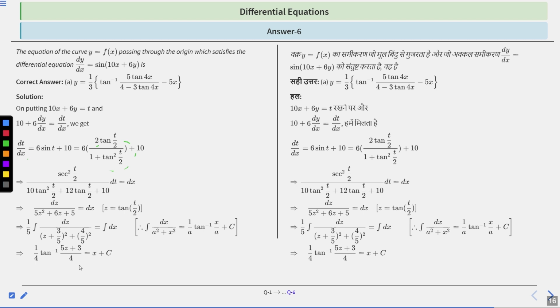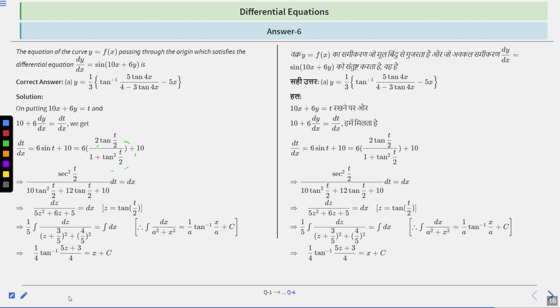Therefore we will get 1 by 5 times 1 by a, and a is 4 by 5. So 1 by 5 upon 4 by 5 is basically 1 by 4, 5 and 5 will cancel out. Therefore, it is basically 1 by 4 tan inverse of (5z plus 3) upon 4 is equal to x plus c, right?